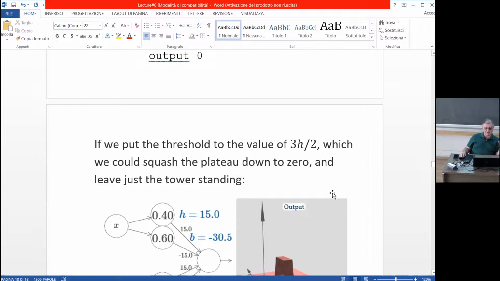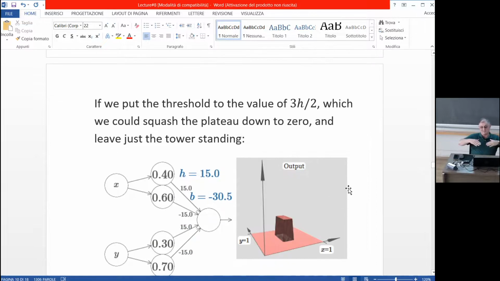So in this situation, we could squash a plateau. The plateau is this cross-like base. Yes, the plateau.